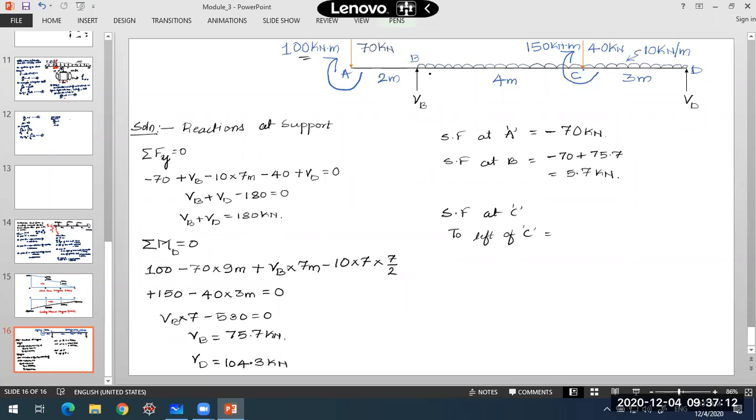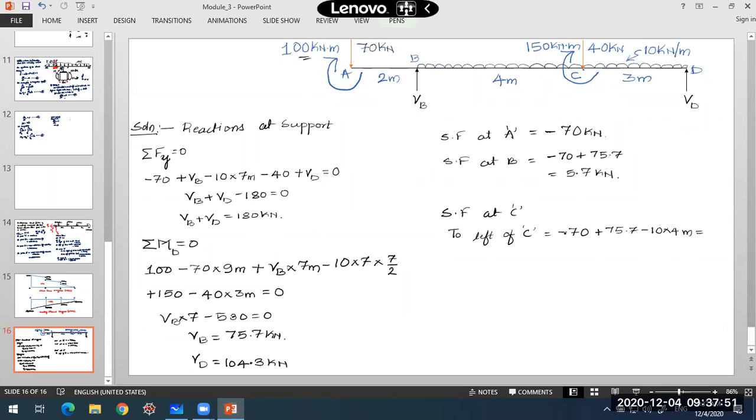I'll take the algebraic sum of all the forces to the left side of the section: minus 70, plus VB, which is 75.7, and the UDL is present for a length of 4 meters, so minus 10 into 4 meters. The UDL is a left side downward force, so these two are considered negative, whereas the reaction is on the left side of the section but in upward direction, so it is taken positive.